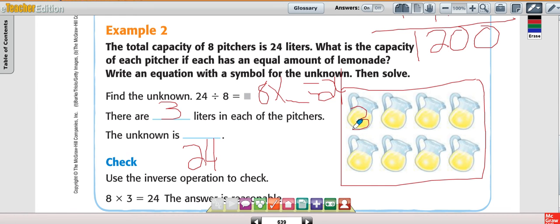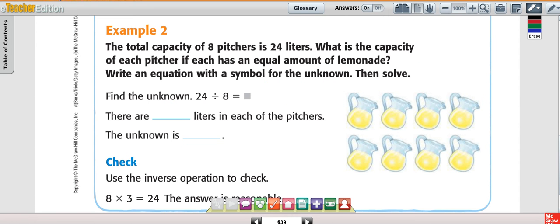So there should be 3 here, 3, 3, 3, 3, 3, 3, 3. Or another way to do that is if I just put a tally in each one, right? 1, 2, 3, 4, 5, 6, 7, 8, 9, 10, 11, 12, 13, 14, 15, 16, 17, 18, 19, 20, 21, 22, 23, 24.